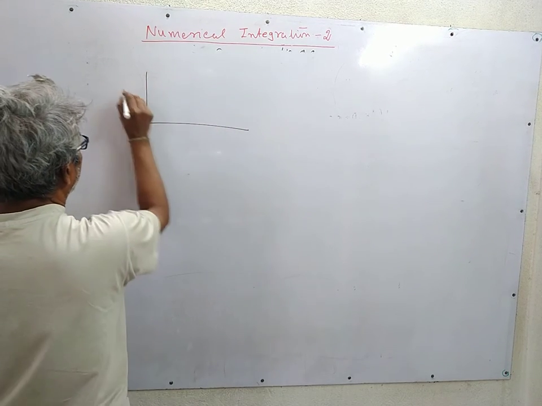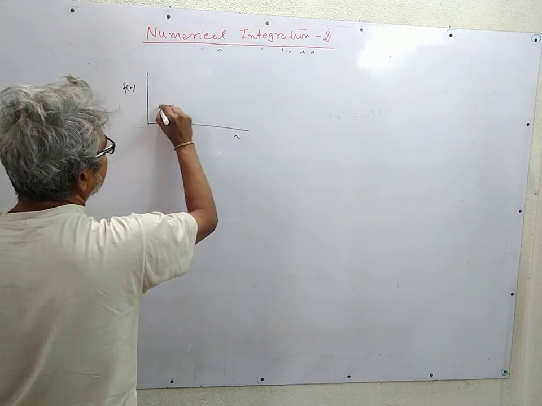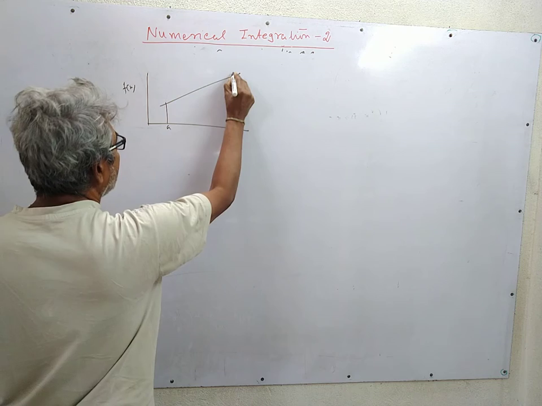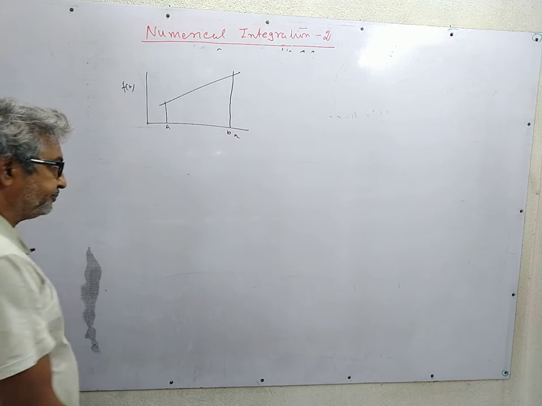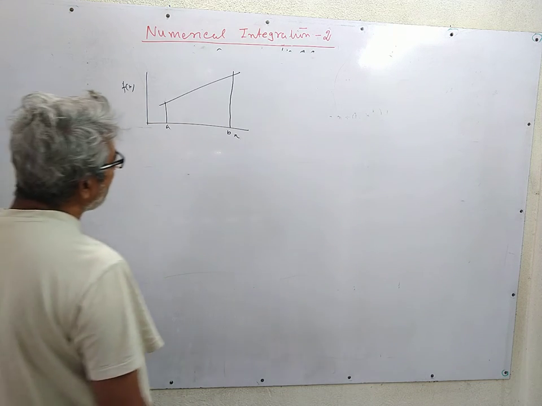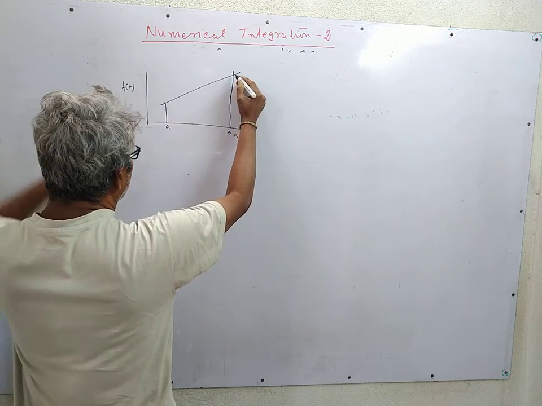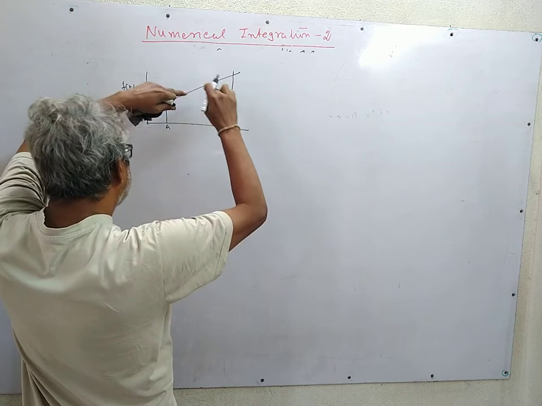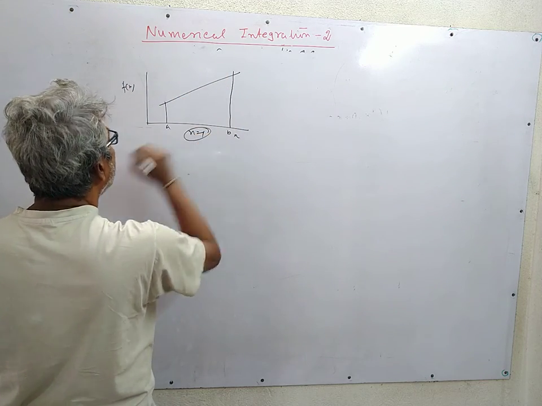let the integrand be of this sort, and we are to integrate from a to b. If we use trapezoidal rule and we use n is equal to 1, then a single straight line is used to fit this, and we will get an exact result with n is equal to 1.